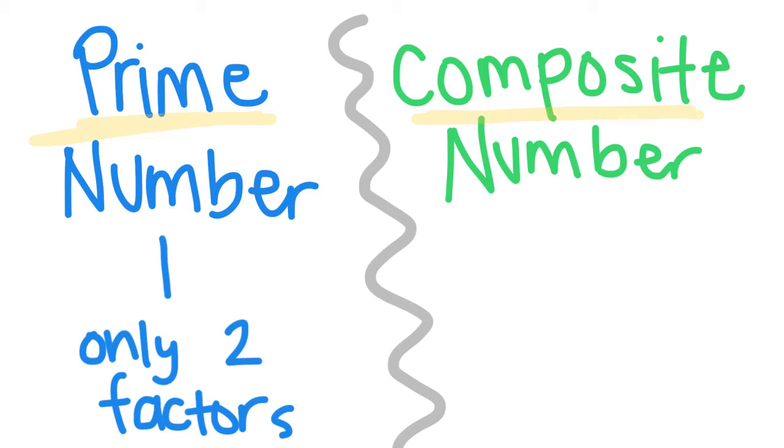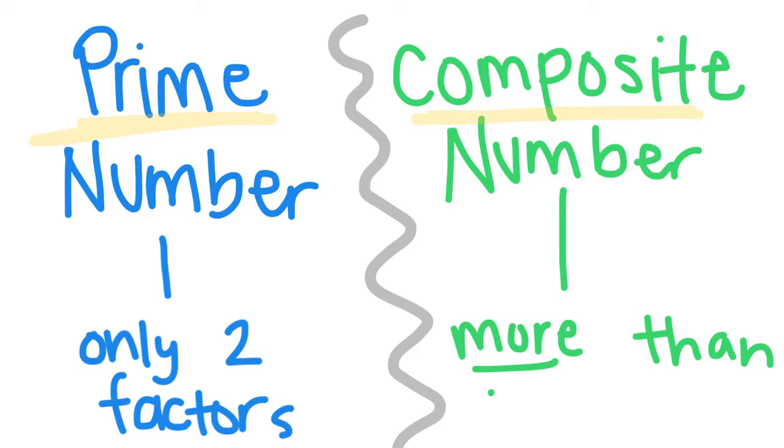A prime number is a special kind of number that only has two factors. So a composite is kind of the opposite. A composite number has more than two factors. So all those numbers that had that long list, those are composite numbers.